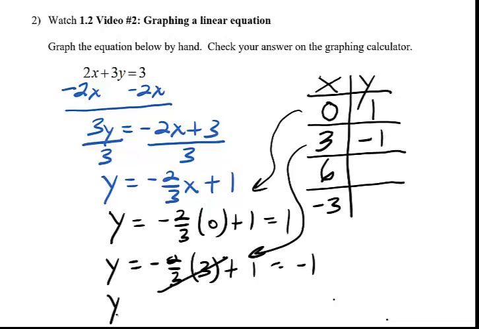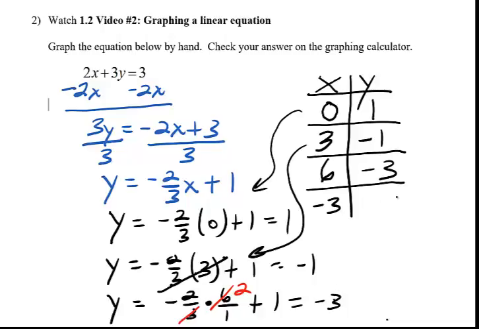And then if I fill in 6 for the x, what might be helpful here is to write it as 6 over 1, just to make it look like a fraction. I can do some canceling here. 3 goes into 6 twice. And then negative 2 times 2 is negative 4, plus 1 is negative 3.